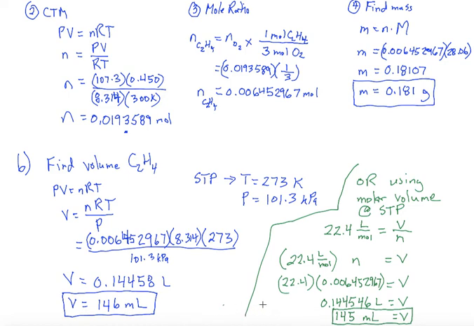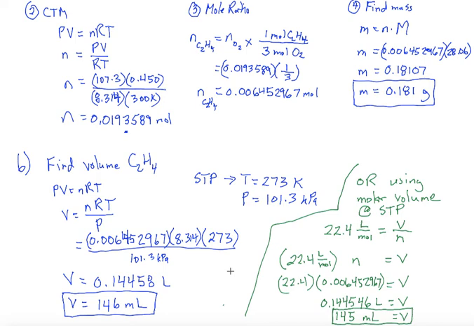If you're more than a milliliter or two off, then you've probably done something wrong. But no matter which way you do it, if you follow the steps, you should be able to get the correct answer. Just watch though, you can only use molar volume at STP. This 22.4 liters per mole is only at STP, okay? We could use it because this particular question wanted us to find the volume of that gas at STP.